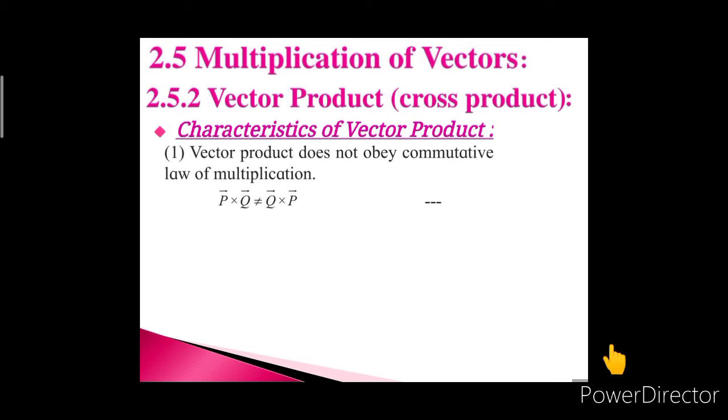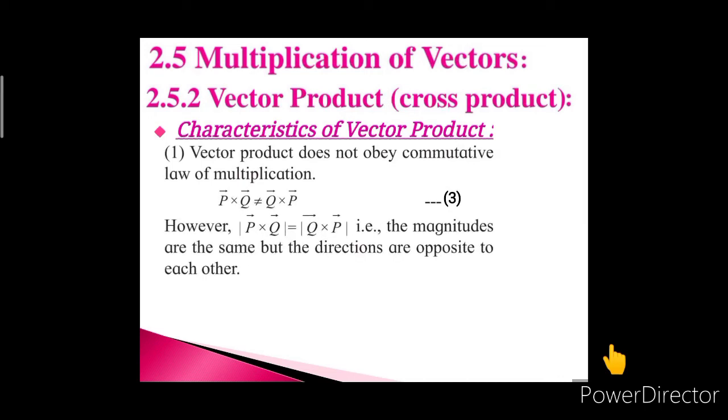The direction is opposite over there. The directions are not the same. That's why we can say that vector P cross vector Q is not equal to vector Q cross vector P. Give it equation number 3, and hence we can state the vector product does not obey the commutative law of multiplication.